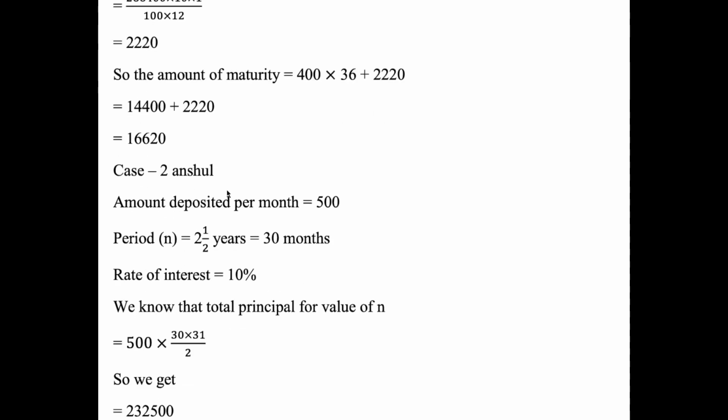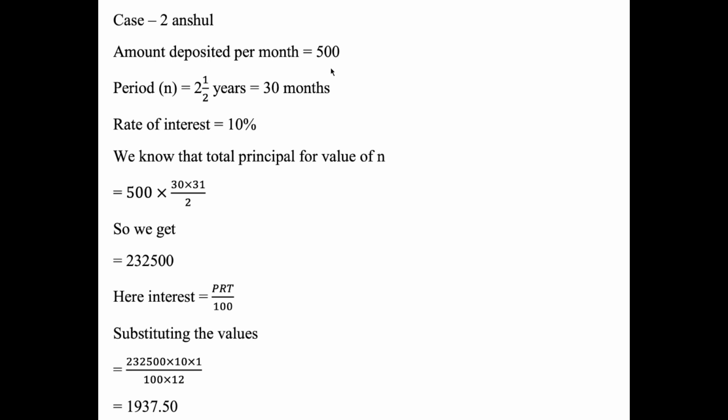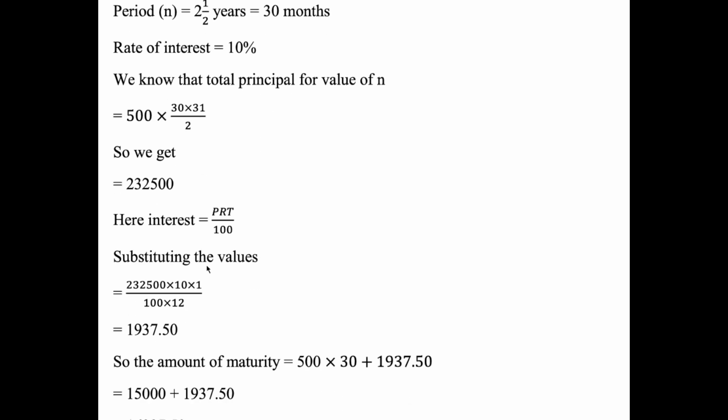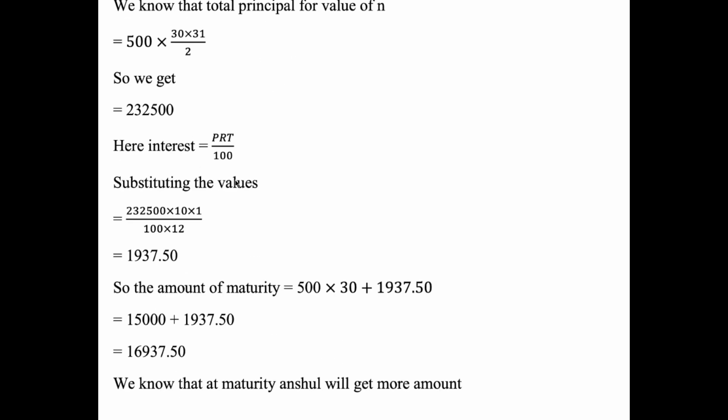In case 2, the same procedure, per month 500 rupees. Period is 2.5 years, that is 30 months. Rate of interest is 10%. So for the principal value 500 into 30 into 31, the same calculation procedure. For the interest PRT by 100, same calculation procedure.